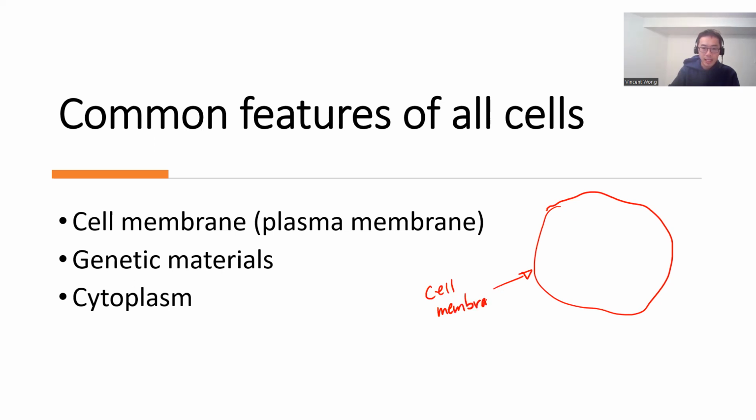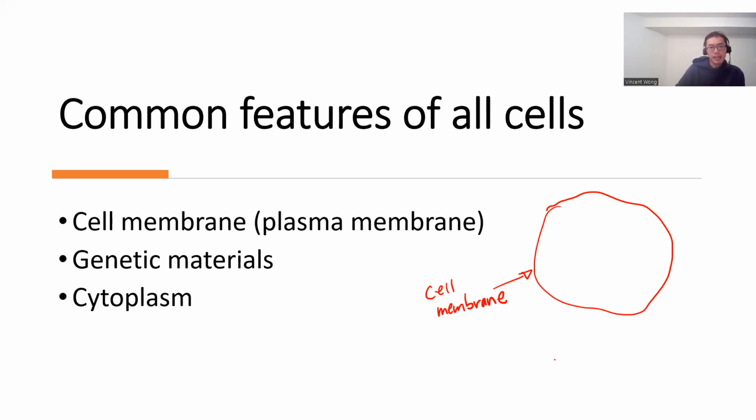Whether you are an animal cell, a plant cell, a fungal cell, or a bacterial cell, doesn't matter. If it's a cell, it's going to have a cell membrane. Does anybody remember the key component of the cell membrane? We learned that last week. Phospholipid? That's right, the phospholipid, which is a type of lipid, the one with the head and the 2 tails. So that's the cell membrane.